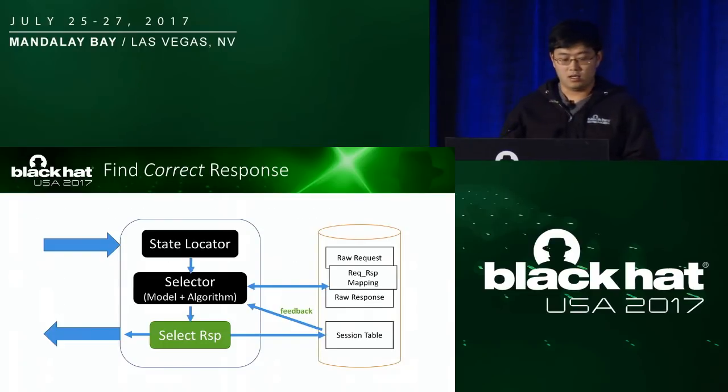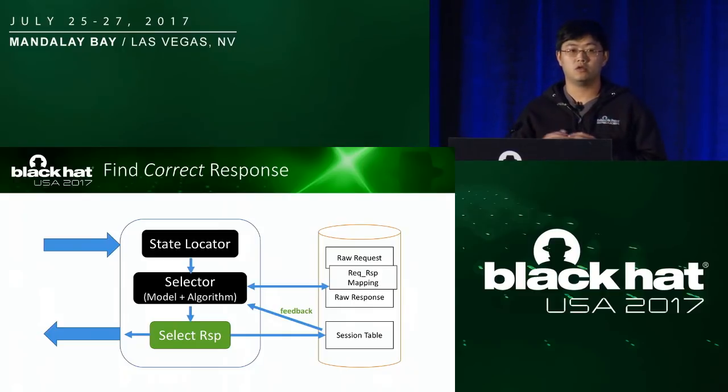The flow of the learning starts when we receive a request, and we need to identify the state after we receive this request. So we have a first component called the state locator. The state locator will search the request received and find the current status for each request. Then we pass it to a selector model.